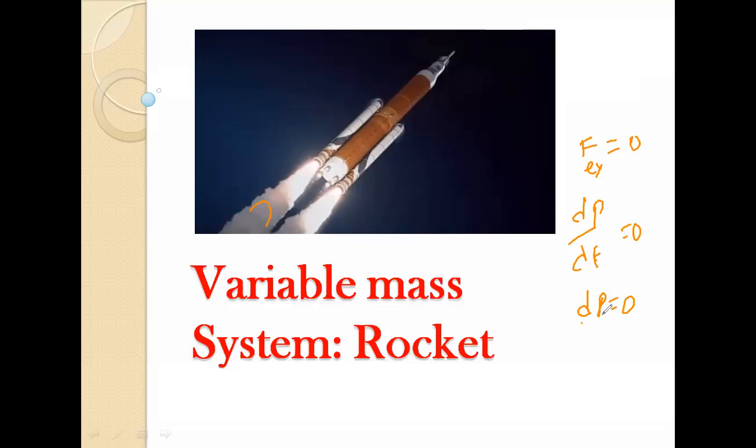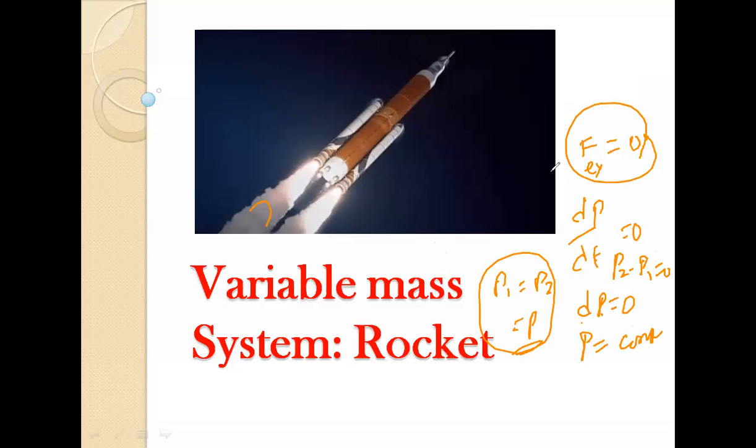What is dp? Change in linear momentum. In that case it is constant, because dp is final minus initial equal to 0, and p1 is equal to p2, which is basically p. So the momentum is the same, only when the external force equals 0. In that case we call it conservation of momentum.